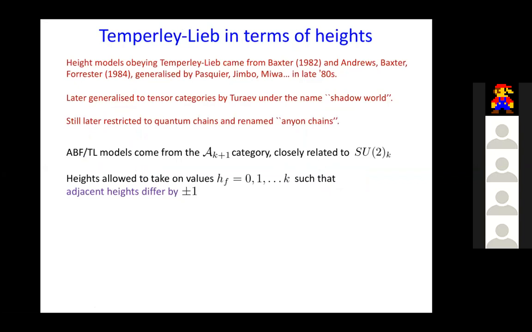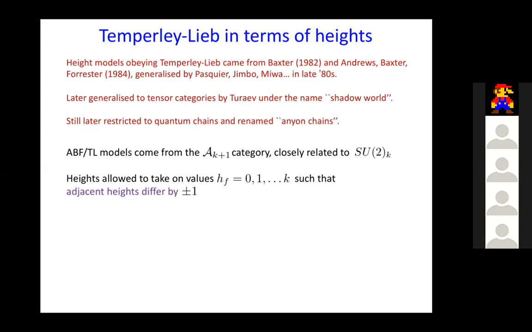So these stories mesh, and height models obeying Temperley-Lieb were again observed around the same time as Jones, slightly before, by Baxter, and then a whole series of them by Andrews, Baxter and Forrester. Lots of beautiful work in the stat mech world in the mid and late 80s. Now, this is a category talk, so you may have heard of this under the name shadow world.